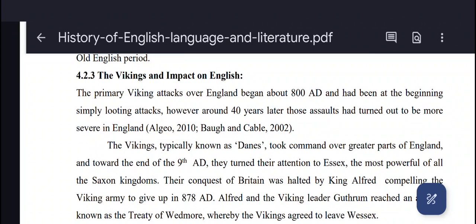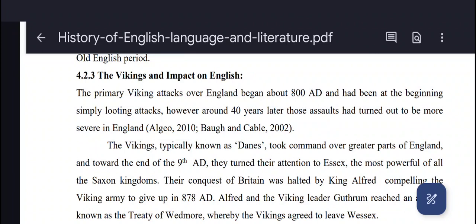The primary Viking attacks on England began about 800 AD and were at the beginning simple looting attacks. However, around 40 years later, those assaults had turned out to be more severe in England.